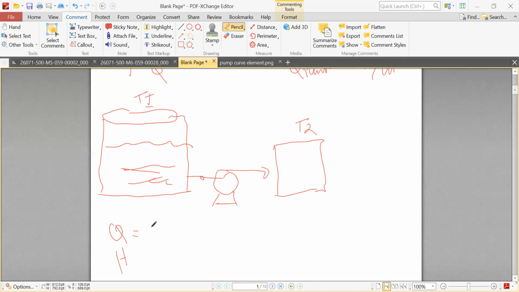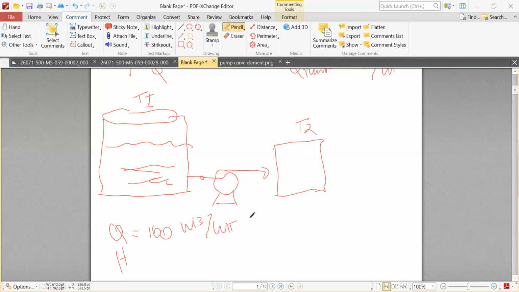So the Q parameter is the total flow rate that you will transfer from T1 to T2. We can assume maybe just 100 cubic meters per hour.